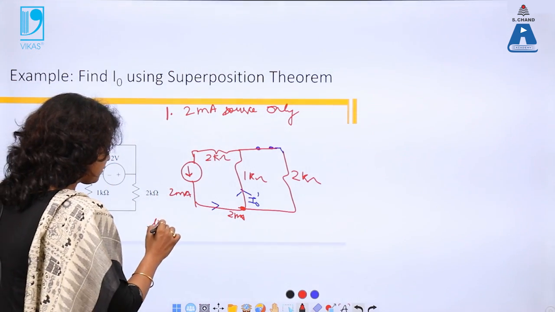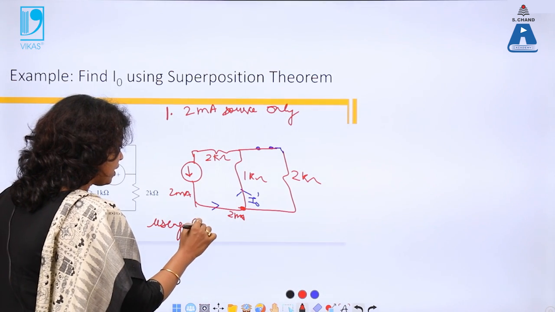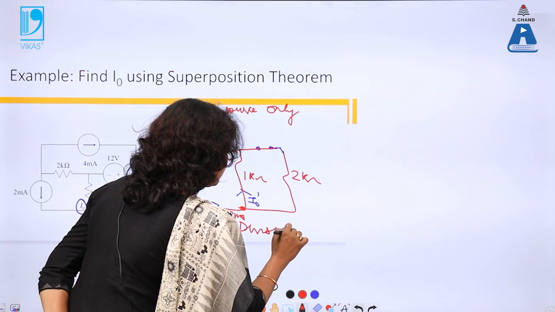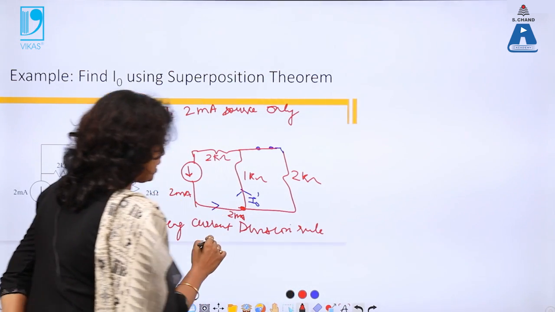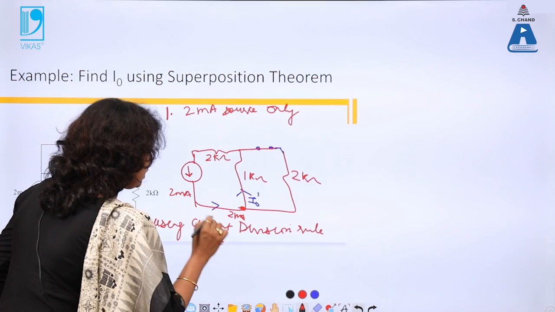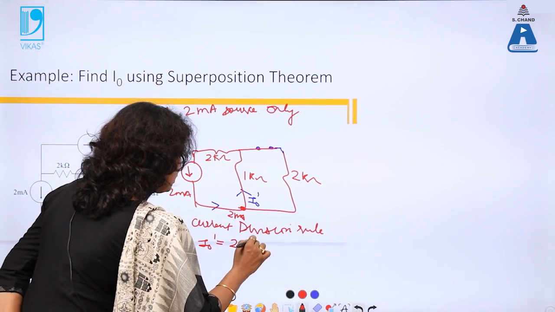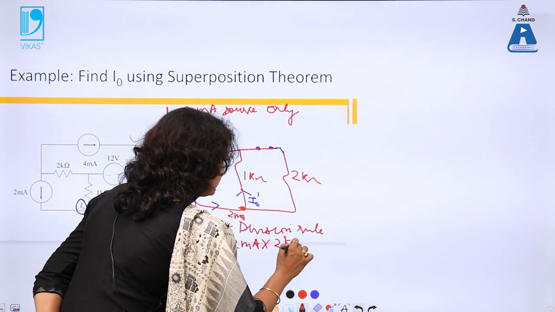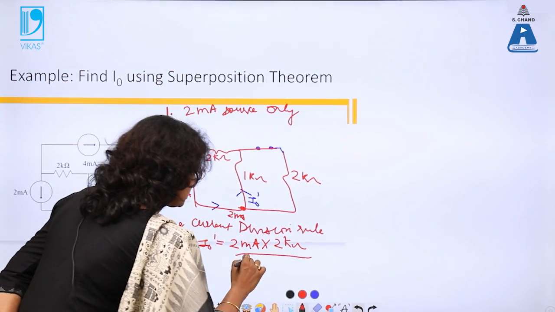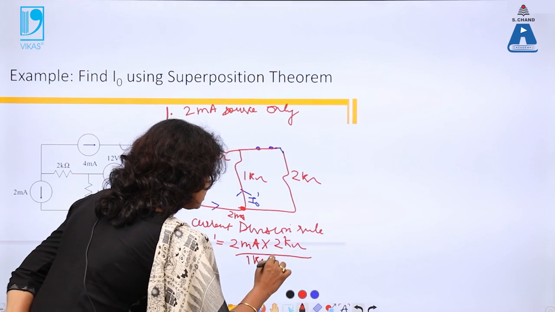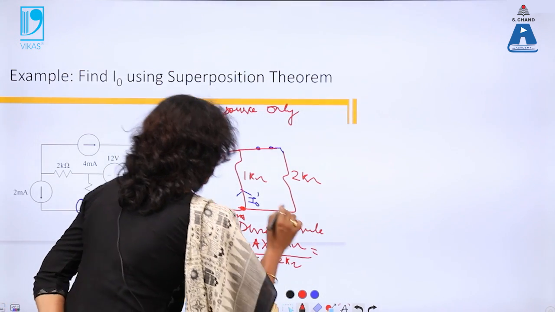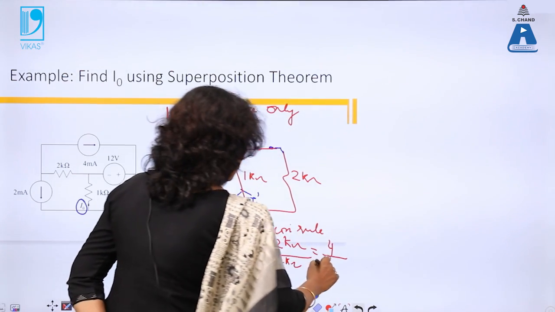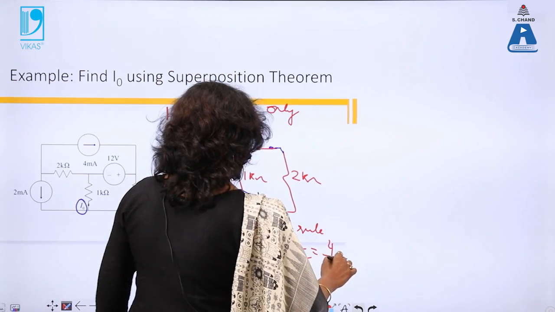So using the current division rule, my I naught dash will be total input current into resistance of the other branch, 2 kilo ohm, divided by the sum of resistances in parallel, 1 kilo ohm plus 2 kilo ohm. So I am now getting 4 divided by 3 kilo ohm.